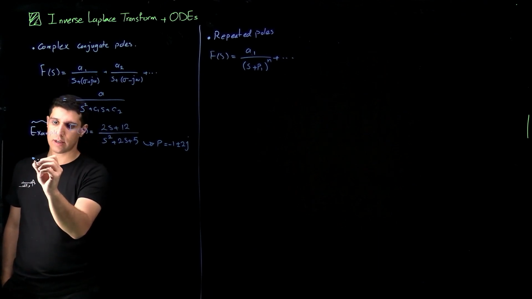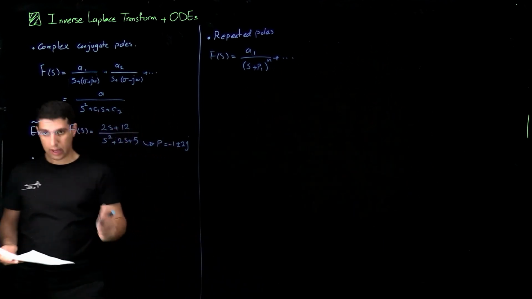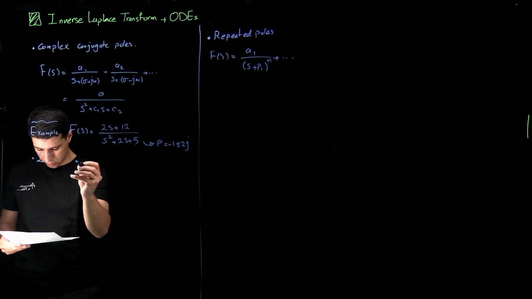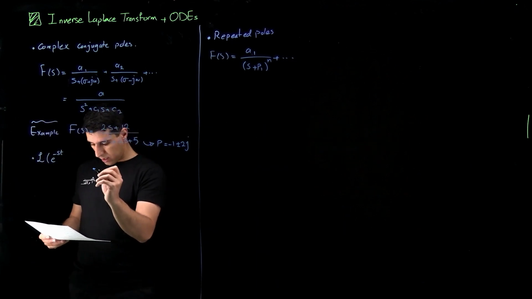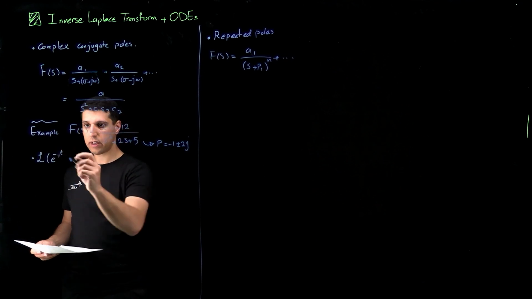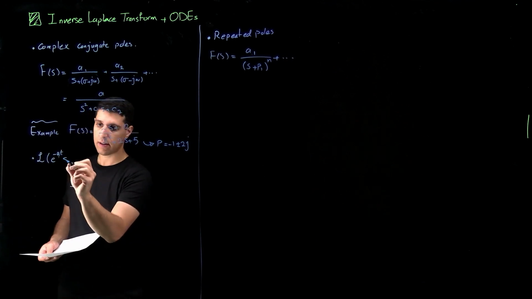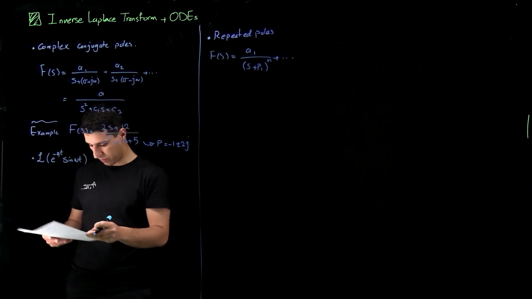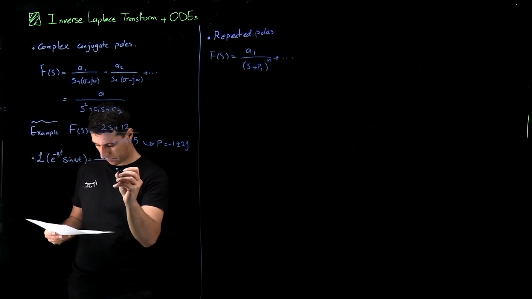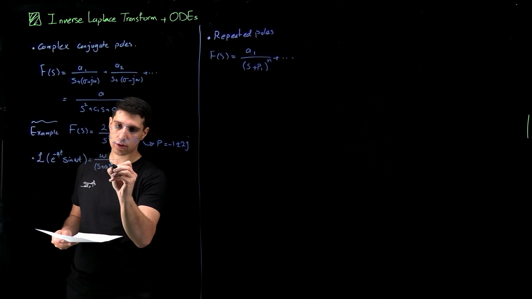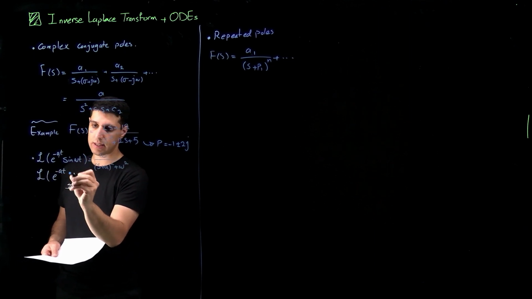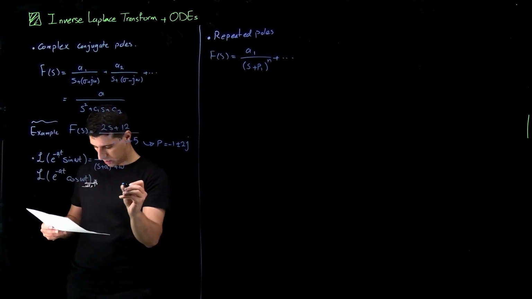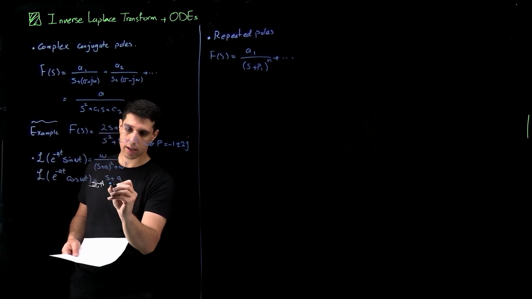Remember, this is a reminder that in our table we have the Laplace transform of e to the minus at sine of omega t, which is omega over (s plus a) squared plus omega squared, and the Laplace transform of e to the minus at cosine of omega t, similarly, is s plus a over (s plus a) squared plus omega squared.